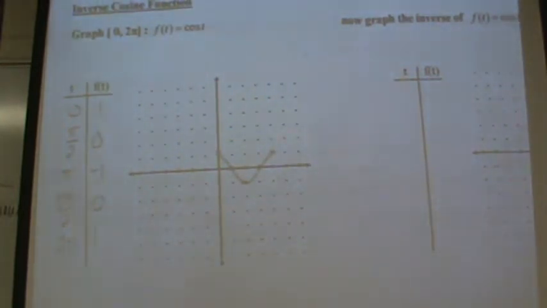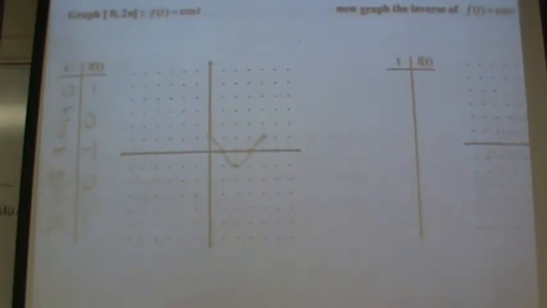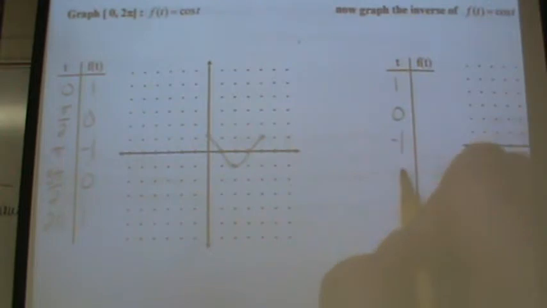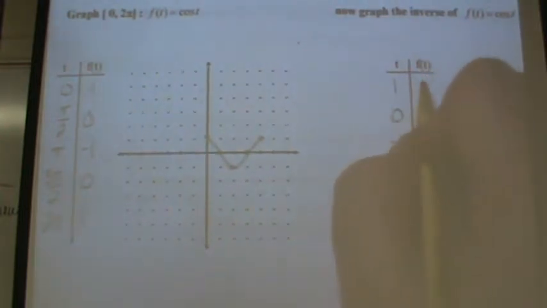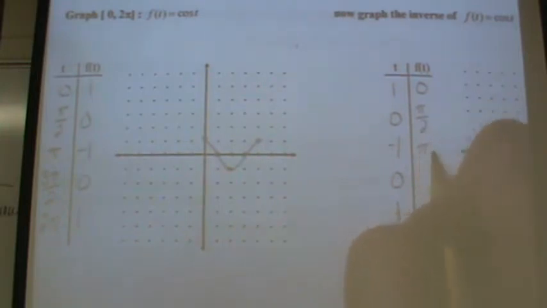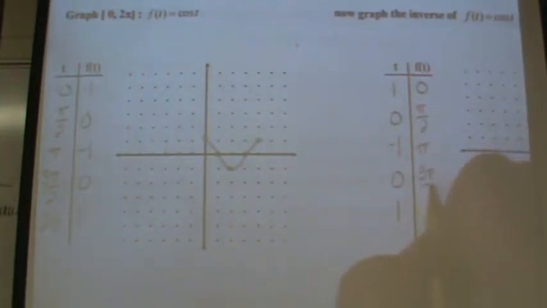Now we want to graph the inverse the same way we did the sine inverse. So that's switching our x and y values. So we're going to have 0, pi over 2, pi, 3 pi over 2, and 2 pi.